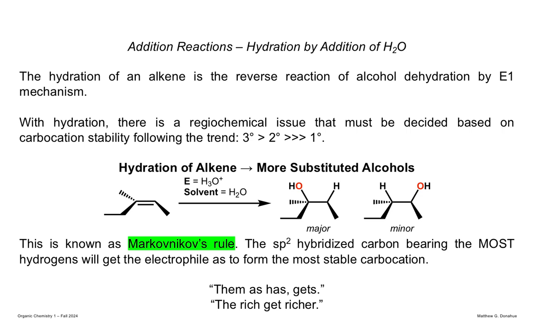So reaction number 2. This is hydration. So we're adding the elements of H and OH to those carbons. Now we do have this issue of regioselectivity. If you look at the starting alkene, we said it was tri-substituted.